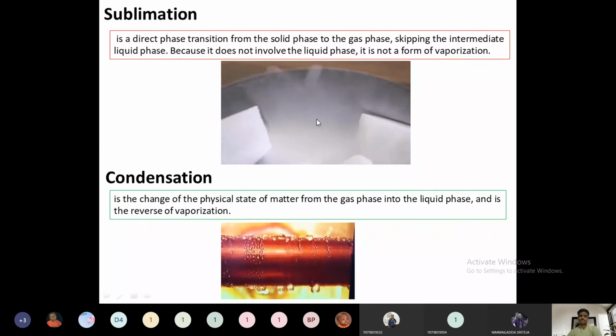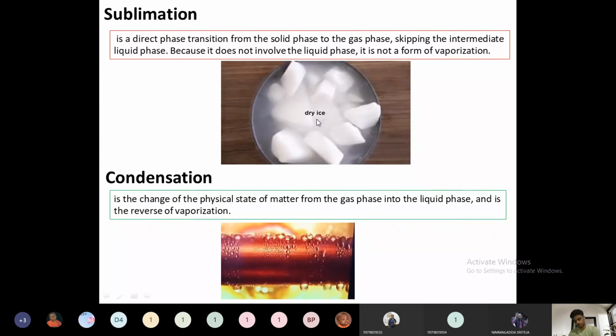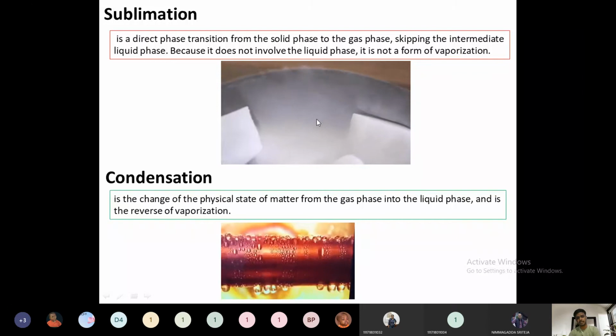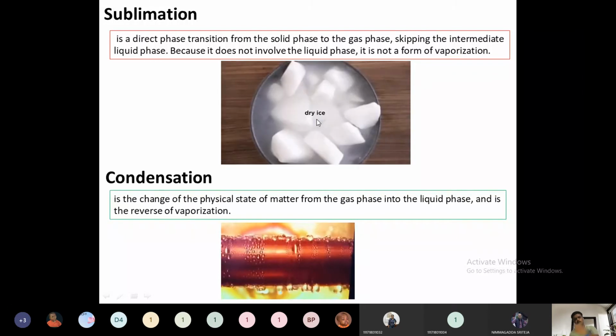So next one is condensation. Condensation is the transfer of a constituent from the gas or vapor phase to the liquid phase.